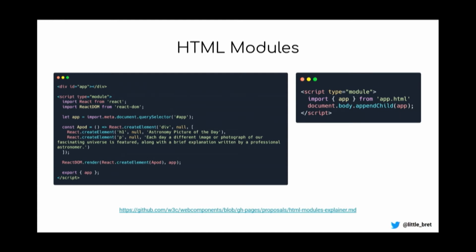And now we can export that out. That's all in memory, but anybody now that actually requires it has that, and they can append it to the DOM, which is really cool. This is a whole new thing that can enable all sorts of stuff. And the resolution works very nested. Inside an HTML file, you could import another HTML file that could import another HTML file. These modules work exactly the way you would expect any module to work.